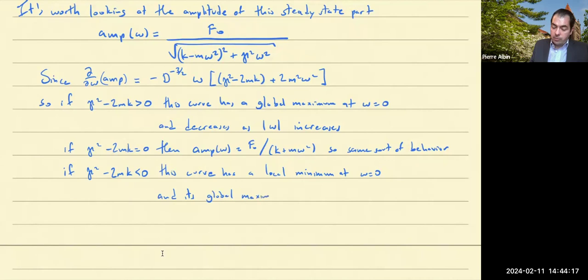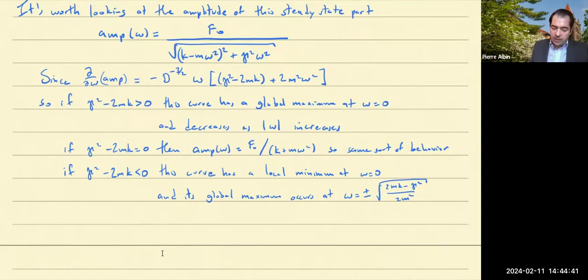And its global maximum occurs when omega is equal to plus or minus square root of 2mk minus gamma squared divided by 2m squared. So that is when this term vanishes.